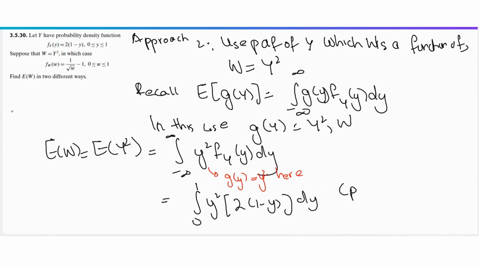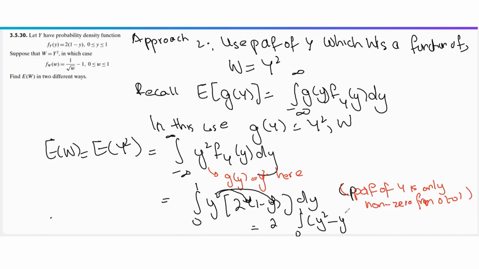So we can rewrite the integral over the range where the PDF is non-zero. Now if we simplify this integral a bit, we can take the 2 out, and expand by multiplying y squared with 1 and y. So this becomes y squared minus y cubed dy.